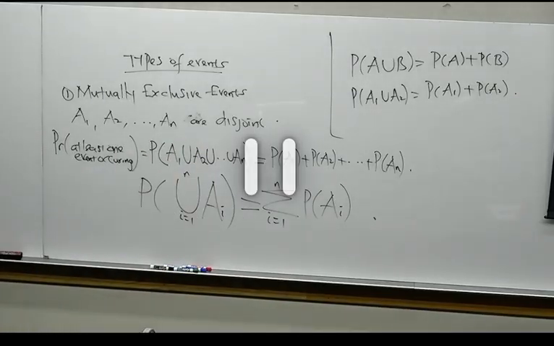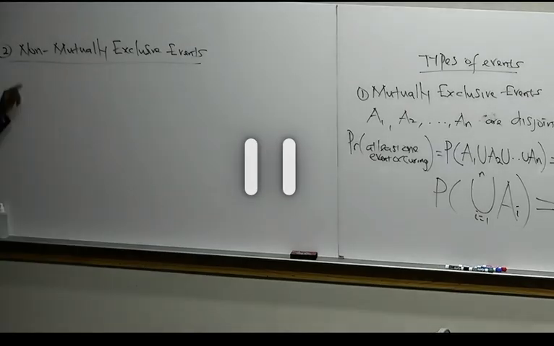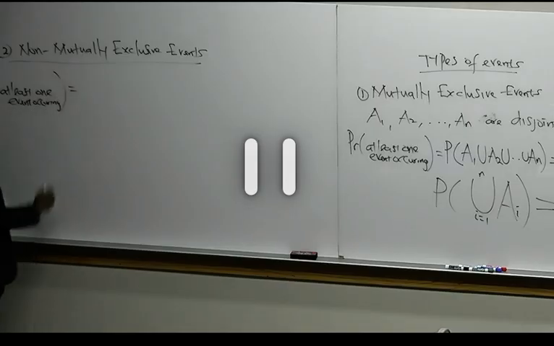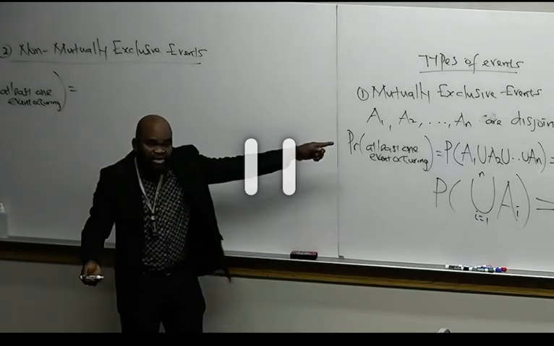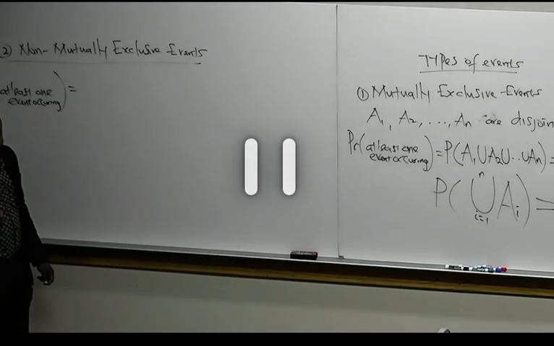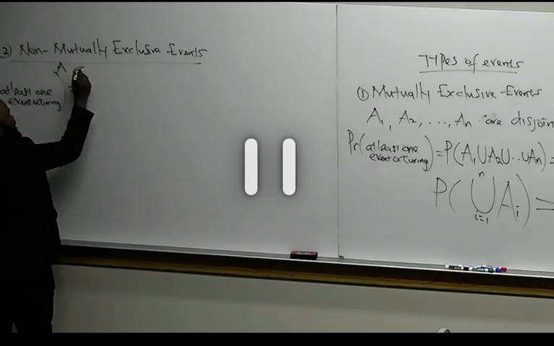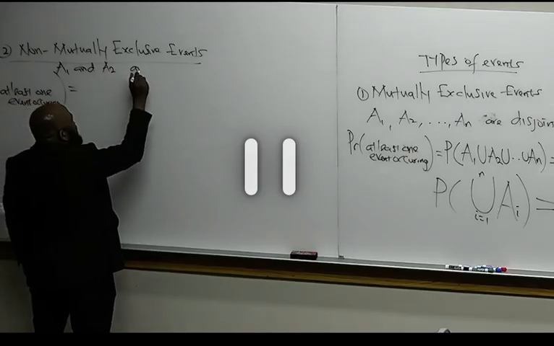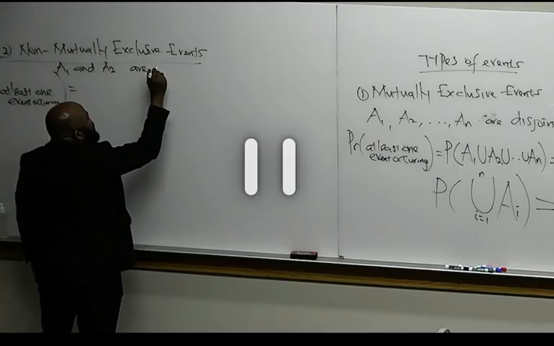But if I want to talk about non-mutually exclusive events, and I still want to find the probability of at least one event occurring, then I still want to find the probability of the union. Let's say for instance I have A1 and A2 that are non-mutually exclusive.